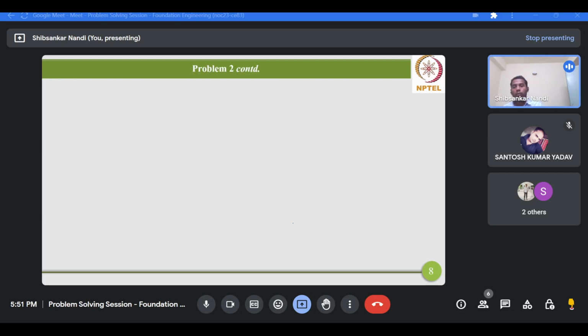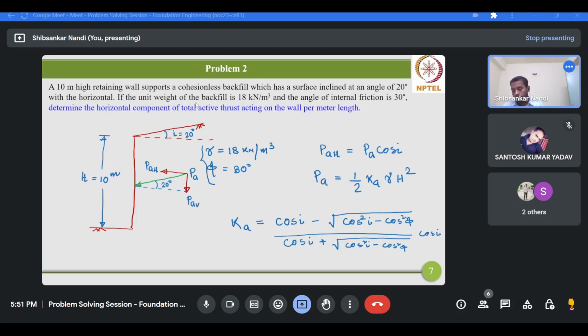So we'll first calculate this Ka. The I value is 20 degrees, the phi value is 30 degrees, and using these two values we will first calculate the Ka value. Please calculate and let me know.